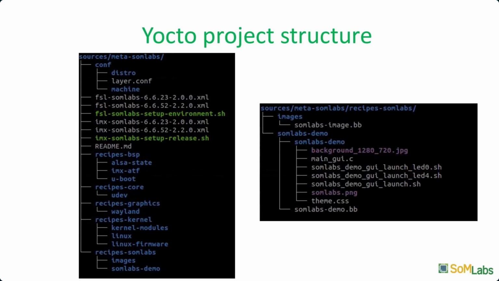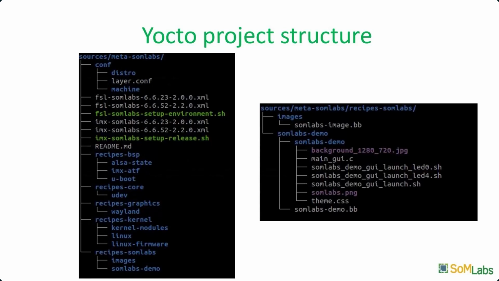And here we have an example of a SoMLabs demo recipe. In the recipes SoMLabs directory, we have a SoMLabs demo directory with the source code of our demo application. So first of all, we can see that there is a SoMLabs demo BB file. This is the recipe file. One of the Yocto tools is called BitBake, and it uses the BB files, like here SoMLabs demo.bb, to create the particular software component.